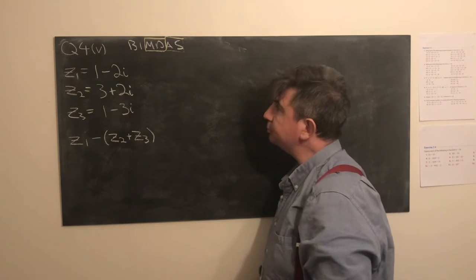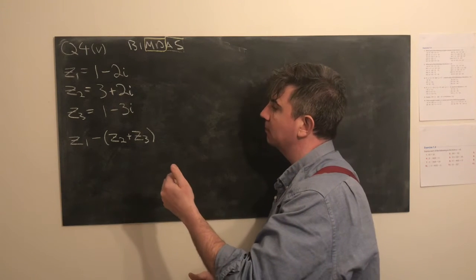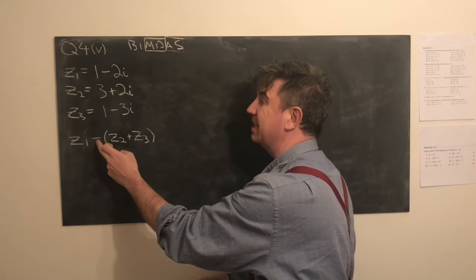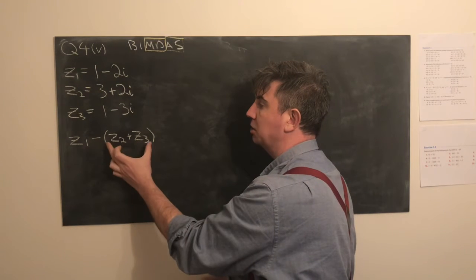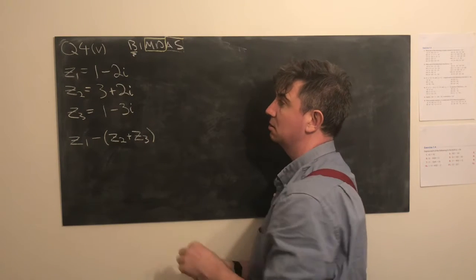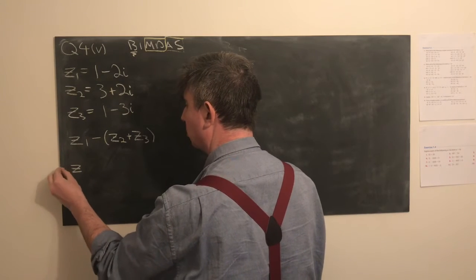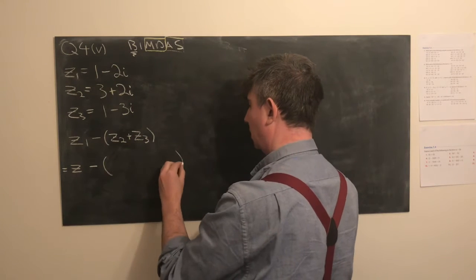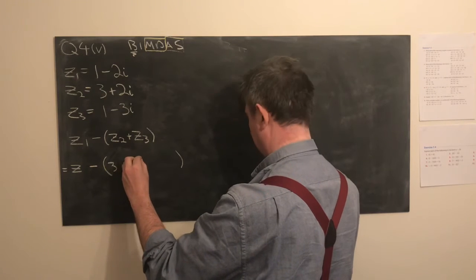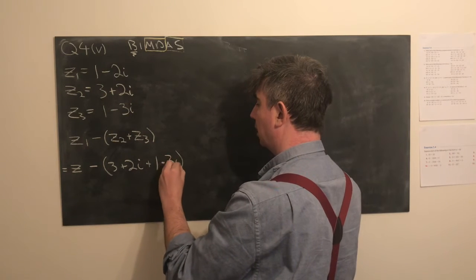I cannot do this subtraction until I tidy up what's inside the brackets first. So I have to do my B first. So that's equal to Z1 take away Z2, which is 3 plus 2i, plus 1 minus 3i.